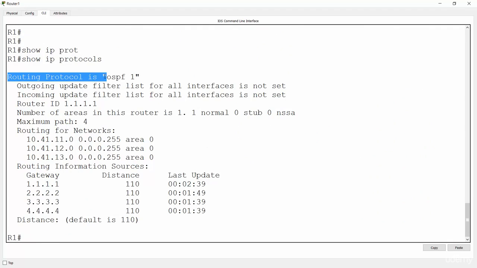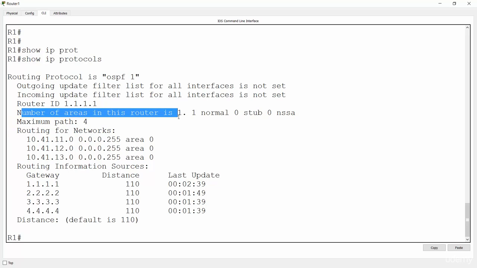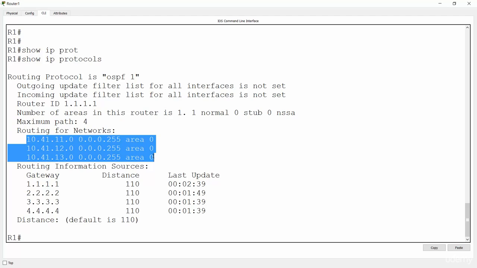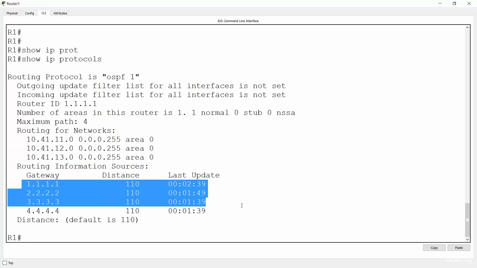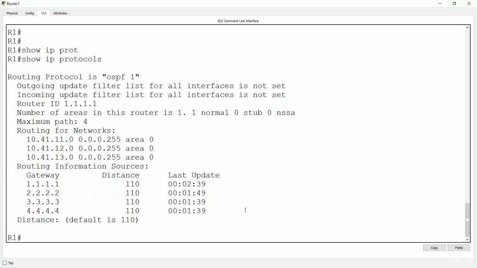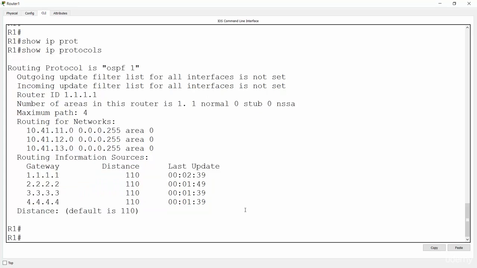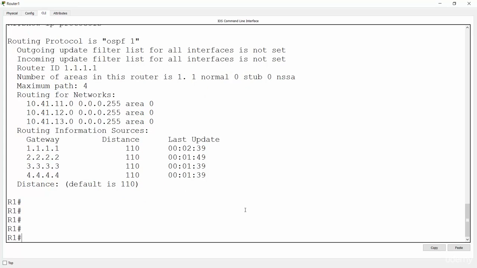I'm running OSPF with a process ID of 1. I'm just using one area. I'm running 4 networks, these ones, and I have these ones in my network. That's what show ip protocols says to us.